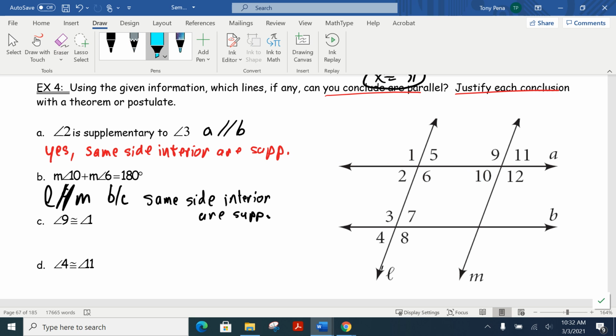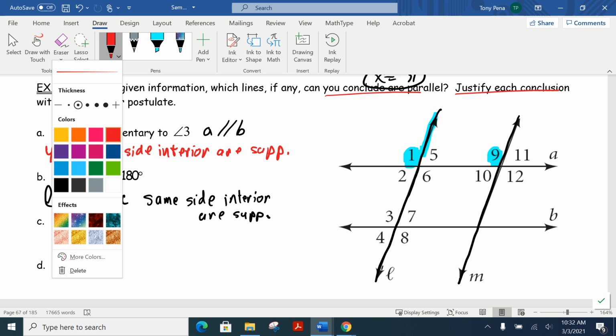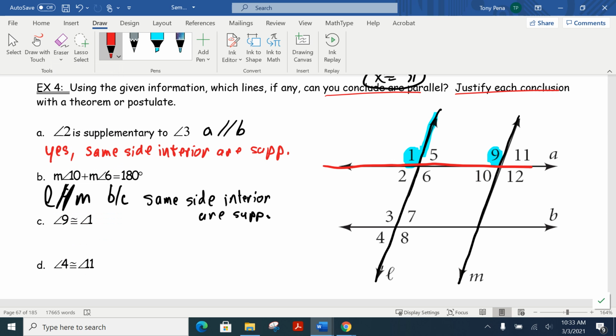If we go to angles 9 and 1 and they're congruent, so here's 9, here is 1. They are created by these 2 lines. So we're going to look to see are L and M parallel. Those are the 2 lines that we're testing. Those are cut by this line. So if we look at how these guys relate to each other, are they alternate interior, corresponding, and all that good stuff?